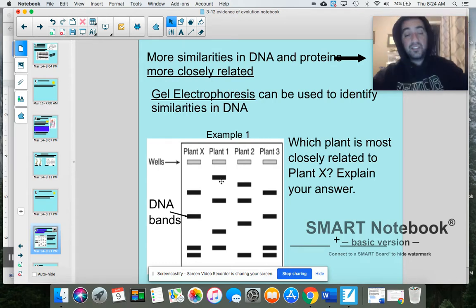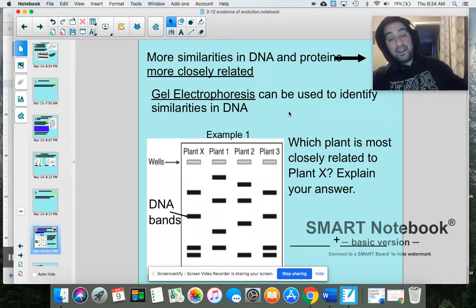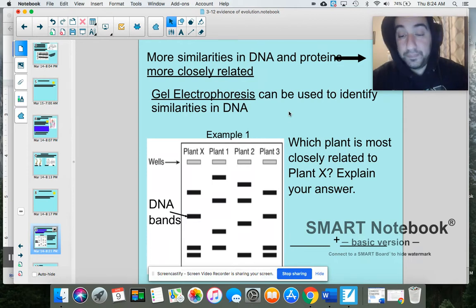The bands are not next to plant X's DNA bands. All right, so just to wrap it up, definitely plant 3, okay? And then if you had to put another option or another suspect, so to say, you could say plant 2.